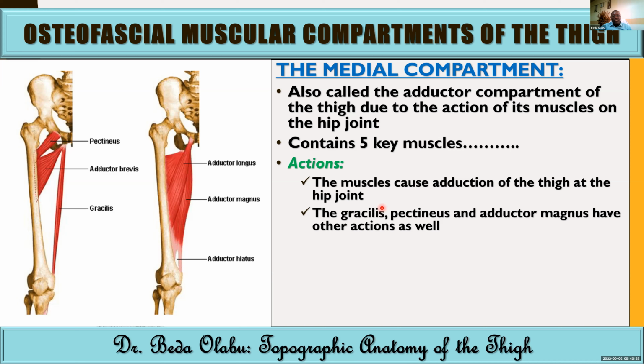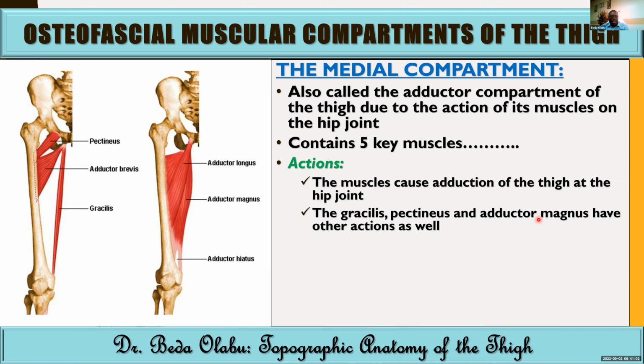These three muscles are sometimes called the guy ropes: gracilis, semitendinosus, and sartorius, the guy ropes. They flex the knee joint. Pectineus can flex as well as adduct the hip joint.